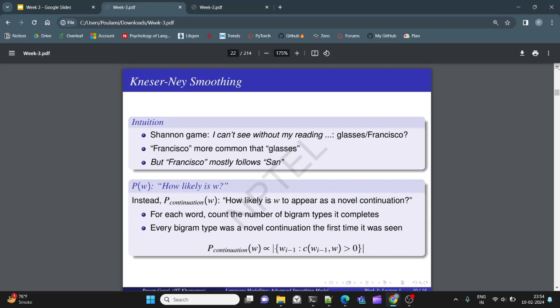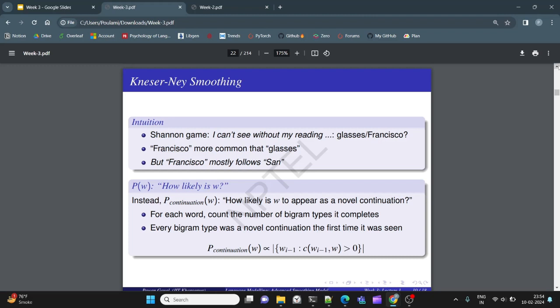So here you see that glasses is a word that is ending many different bigrams, and it is not specific to a single bigram. It is not associated with only a single word, as is the case with Francisco.